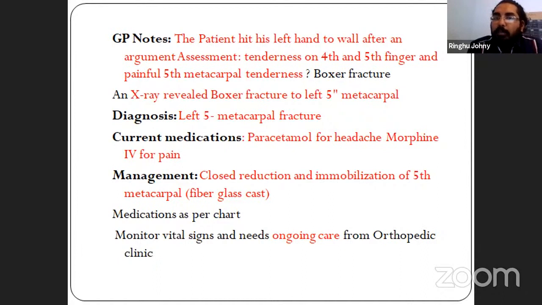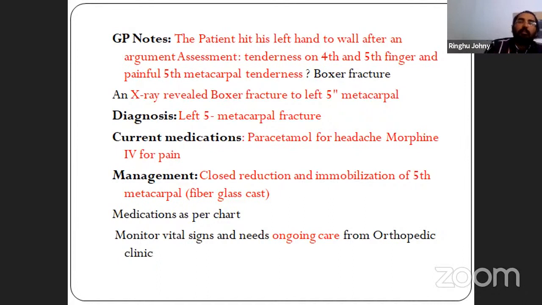Paracetamol for headache and morphine IV for pain. So we can write, IV paracetamol and IV morphine were administered for his pain and headache. Or he was managed with IV paracetamol and IV morphine for his pain and headache.